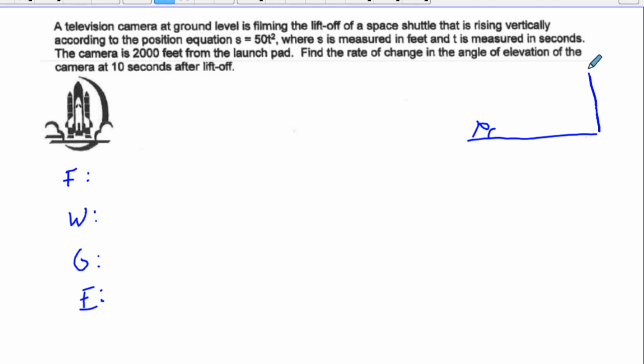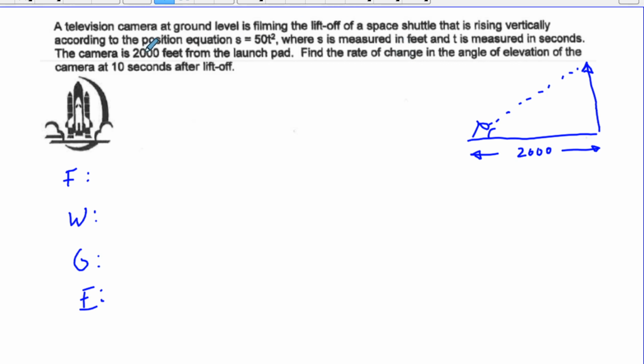Here's the rocket going up like this. The camera is 2,000 feet away from the launch pad, so here's 2,000 feet. And here's the line of sight to the rocket.